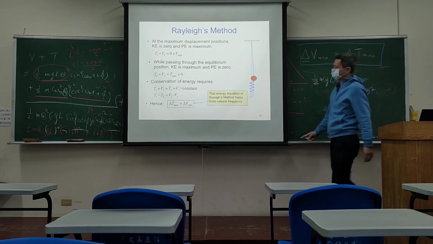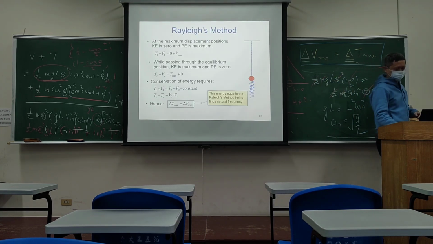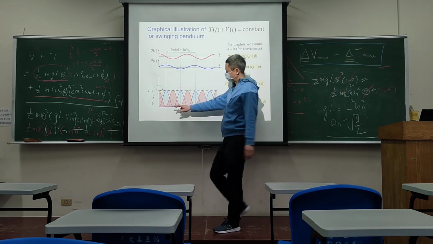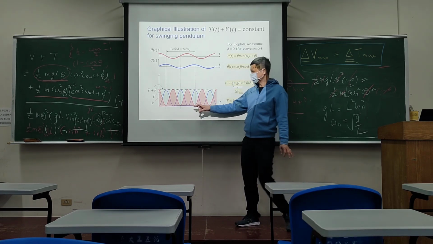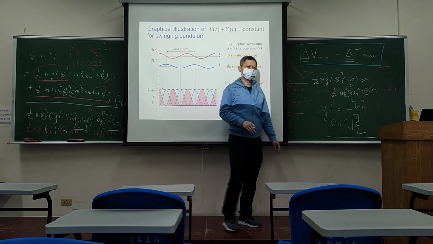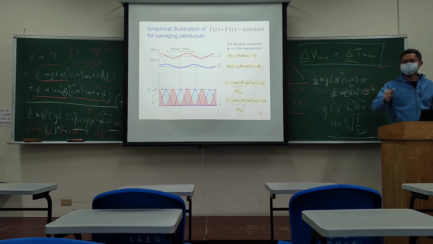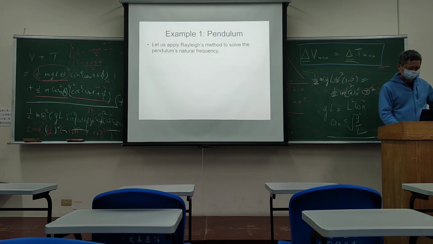Okay, this change being maximum, we're referring to the change from the lowest point to the highest point. Okay, it doesn't mean that it is a change halfway. Okay, there was a maximum change. It is the maximum change, not the maximum kinetic energy and not the maximum potential energy.